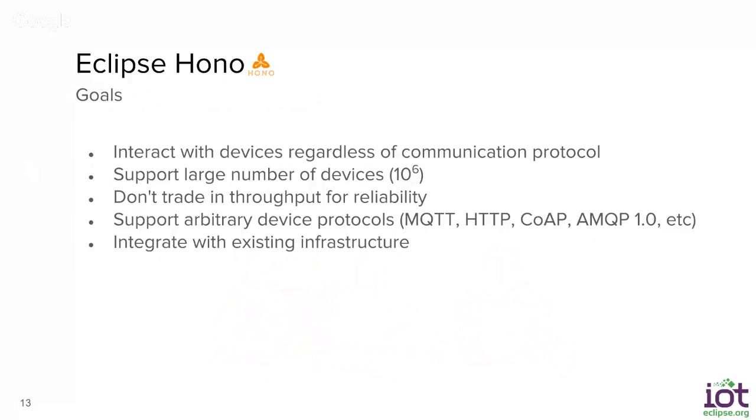For that matter, we do not want to trade in throughput for reliability, and that comes directly back to the two predominant communication patterns. We need to be able to optimize throughput for telemetry messages, but on the other hand, also be able to provide reliable delivery for the command and control direction.